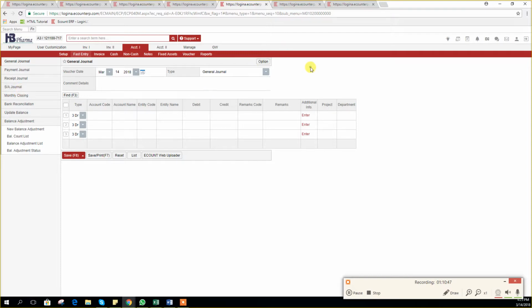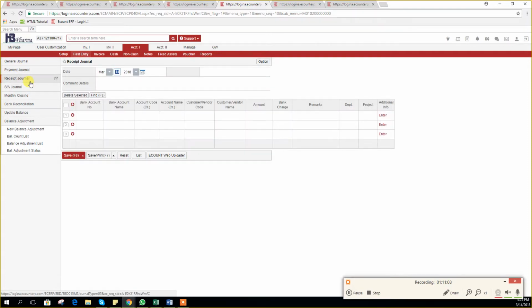Right, so now, if the transaction is a cash transaction, cash into the bank is the receipt journal. You receive money inside the bank as cash.